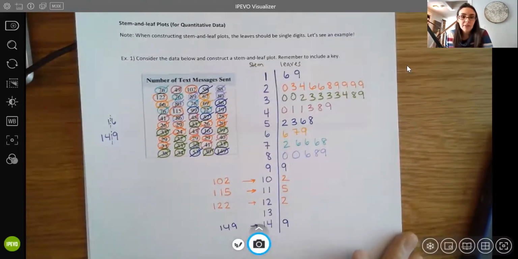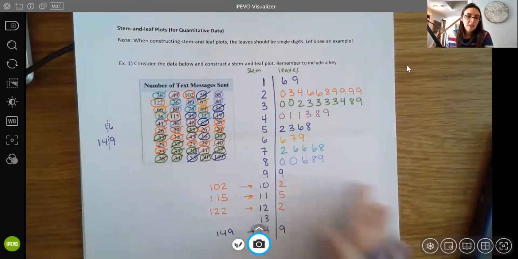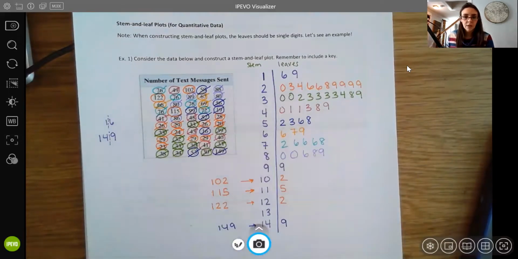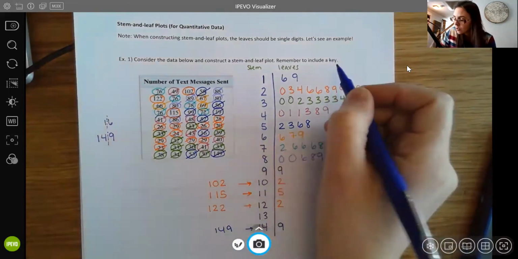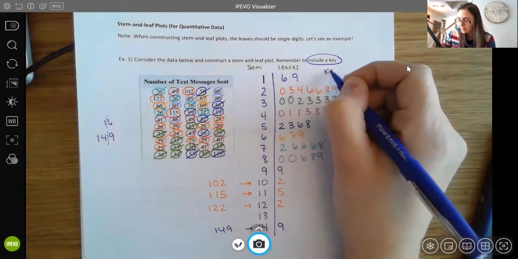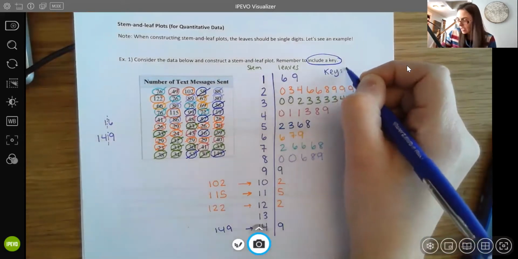Again, I'm doing it by hand. Obviously, we can have technology that can do this for us too, but I just did it by hand here and just by counting. So your values should be in order. The other thing we do have to do is to include a key. So what you'll often see is something written off to the side like this, and I'll say key, and it'll look like this.